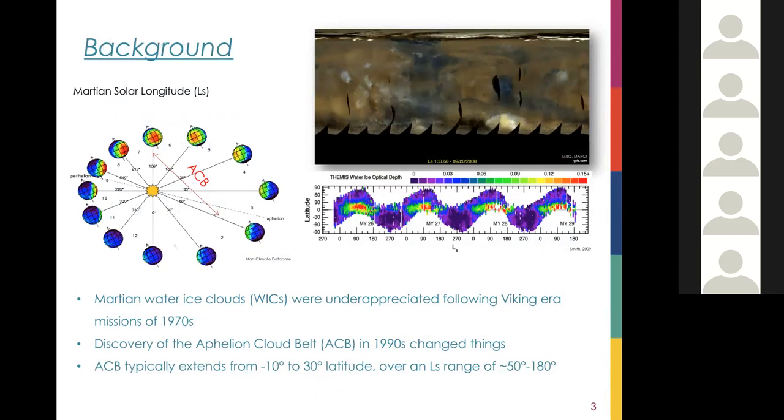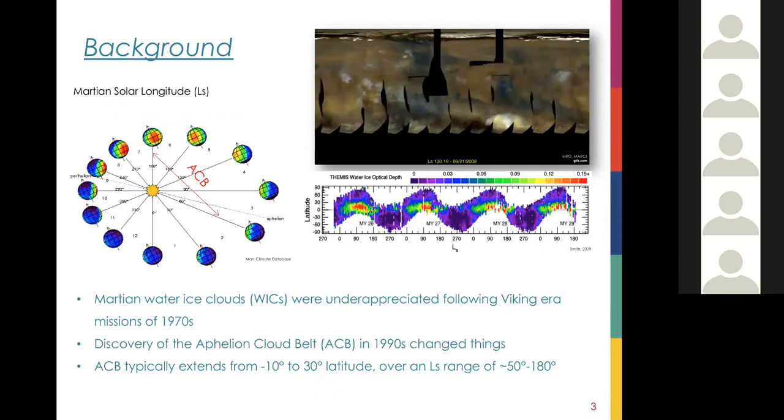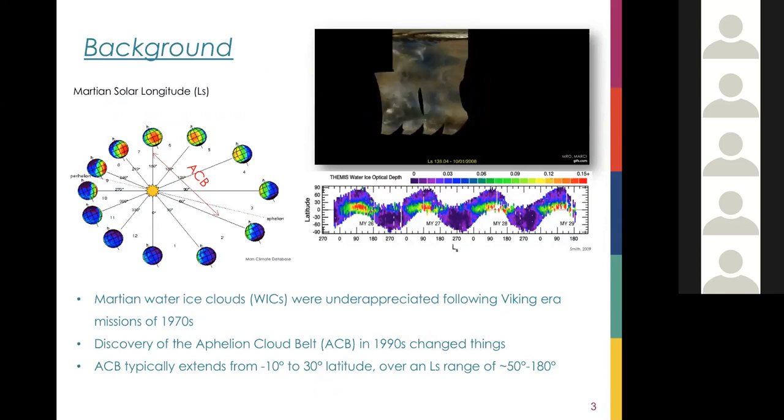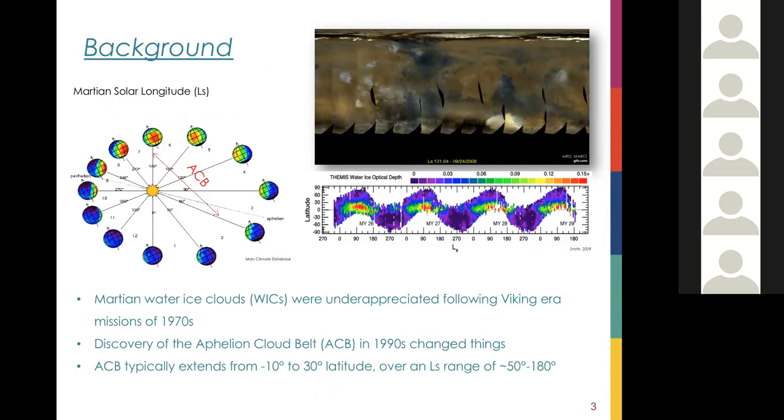And those within the planetary community didn't really understand or appreciate the impact of them until about the 1990s, when we learned about the annually repeating feature called the aphelion cloud belt. And this is a feature that occurs as a result of Mars's orbital eccentricity.